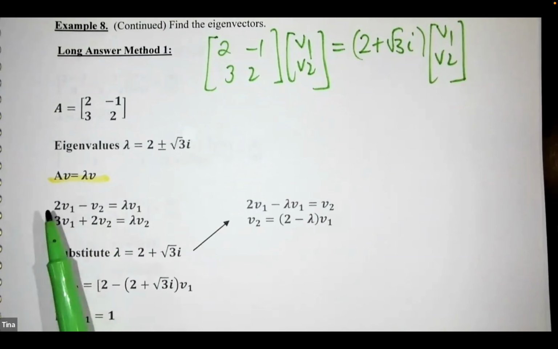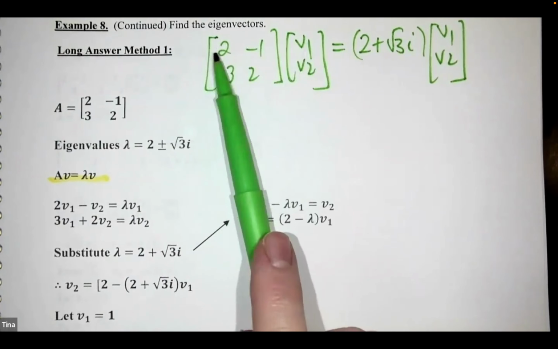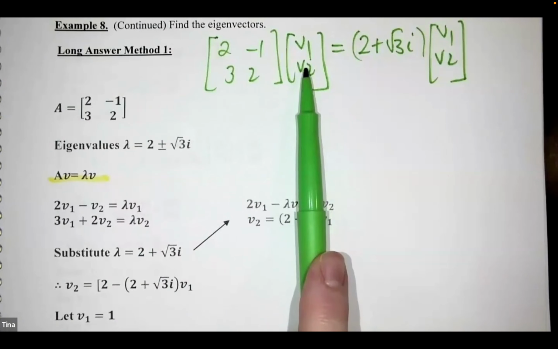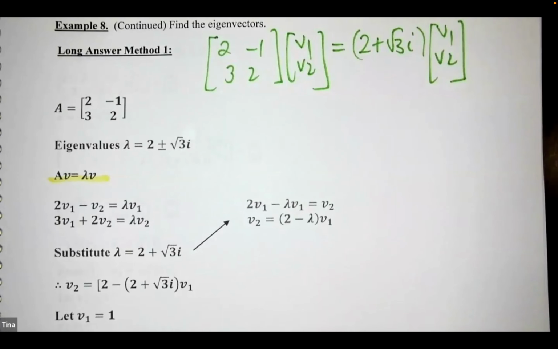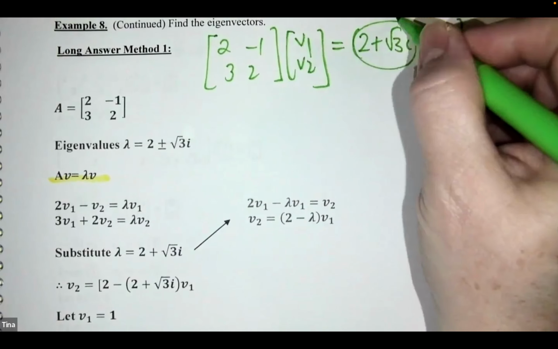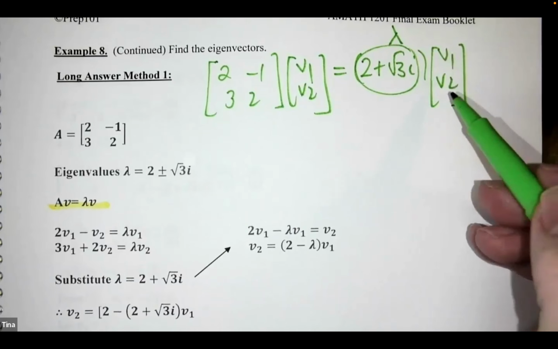From this one, if you look at this equation, we're going to get 2 times V1 minus V2, and in this case, we can just say that's going to be lambda times V1.